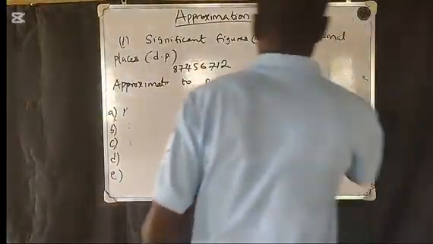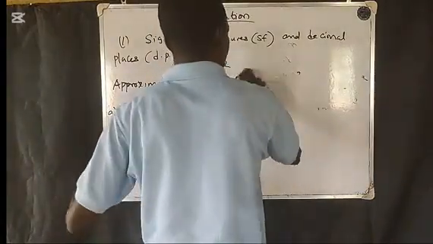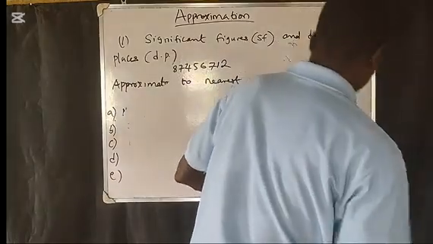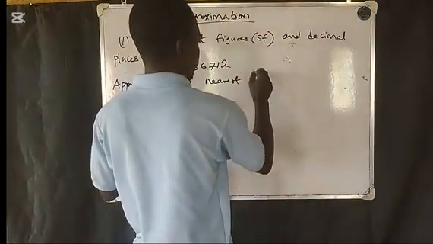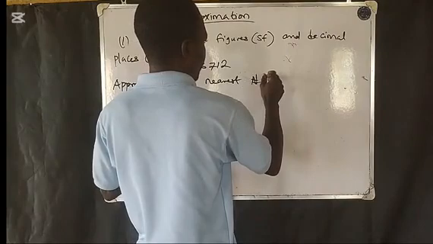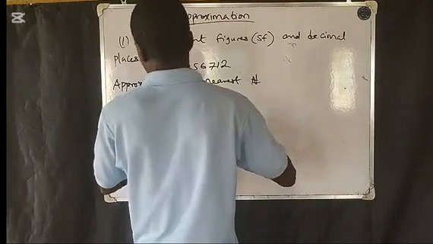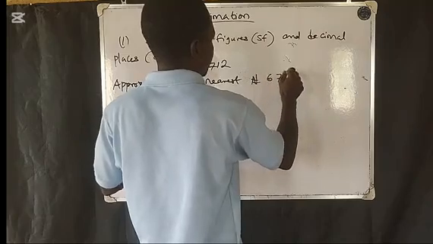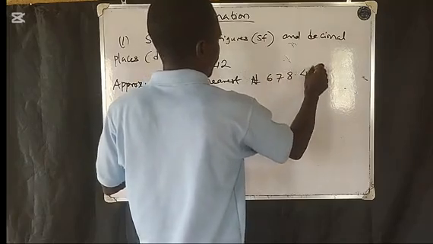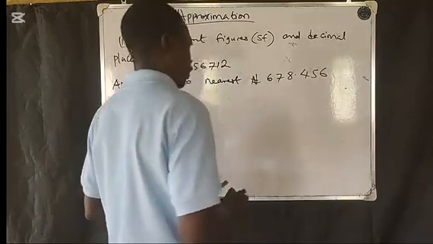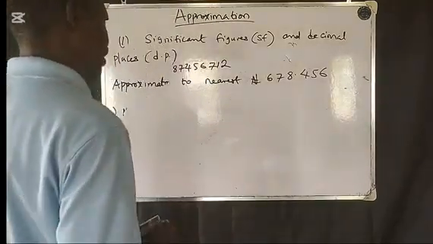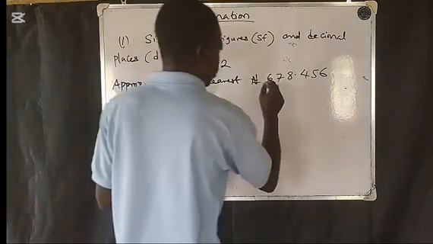Sometimes it can be money. You can be told to approximate a number to nearest naira. Let's say you have 678.456. If you are to approximate to nearest naira, this is the whole number.